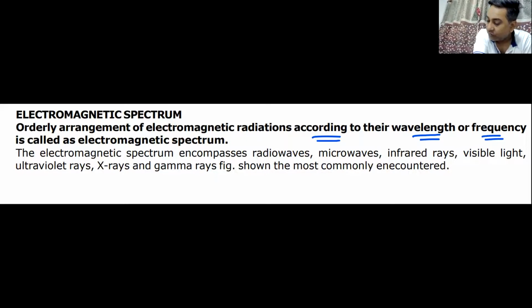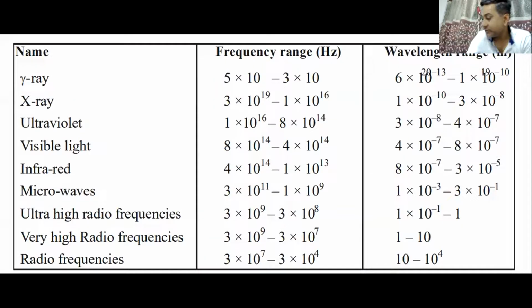We have already gone through this once, but we will see it again because I have seen many questions coming in NEET based on this: which has a higher wavelength, which has a lower wavelength, which has a higher frequency, which has a lower frequency. Therefore, you must not forget this table, and you must remember this table.